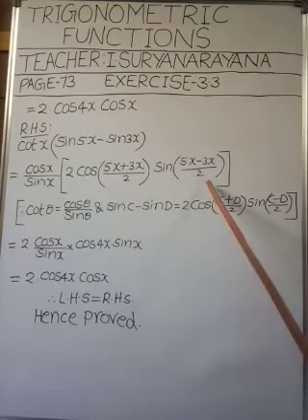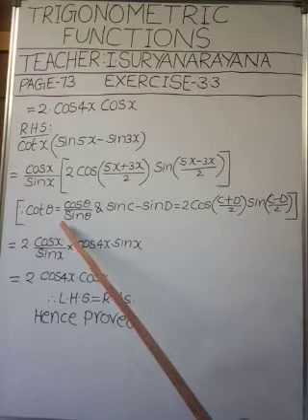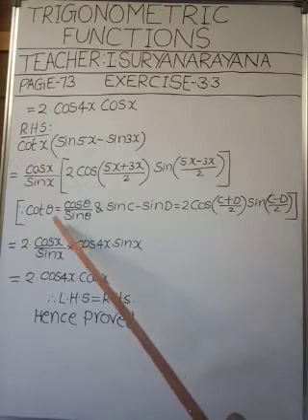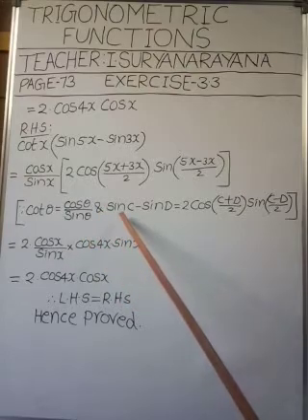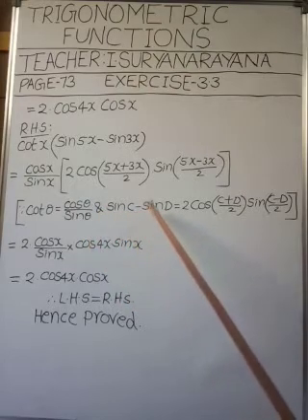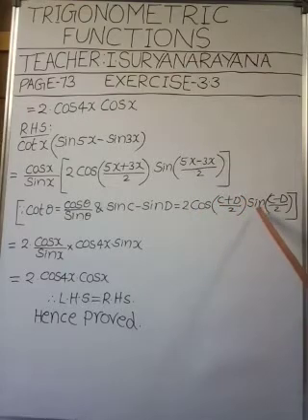Understood this part, my children? Right. By using these two trigonometric formulae, cot theta is equal to cos theta by sin theta, and this transformation formula sin c minus sin d is equal to 2 cos c plus d by 2 sin c minus d by 2, we got this step. Understood this step, my children?